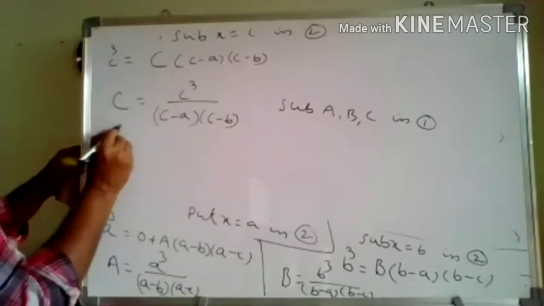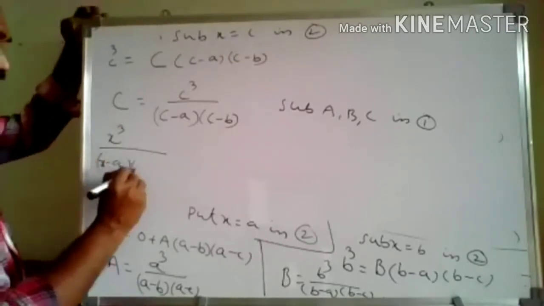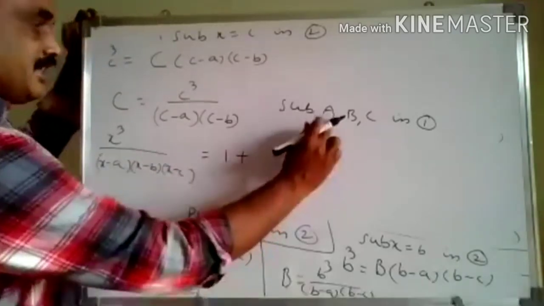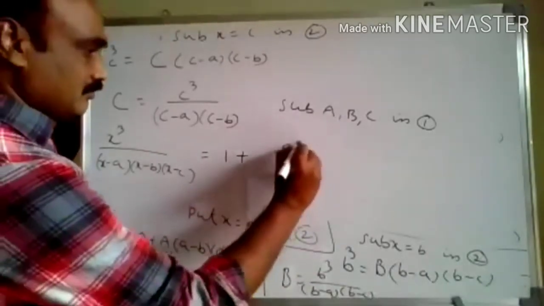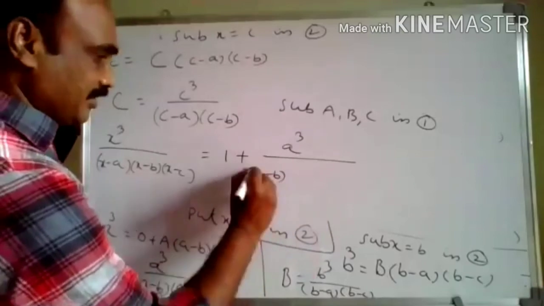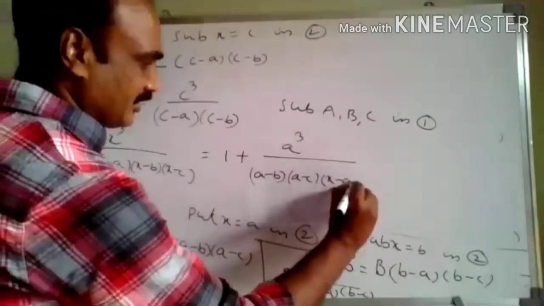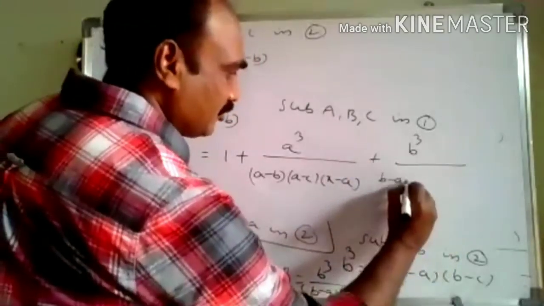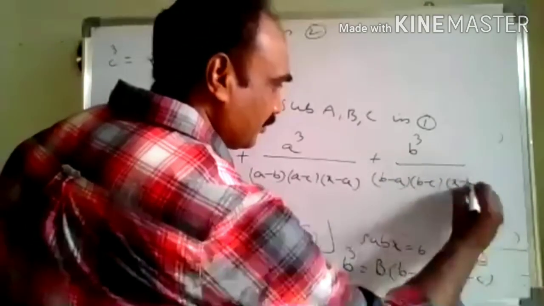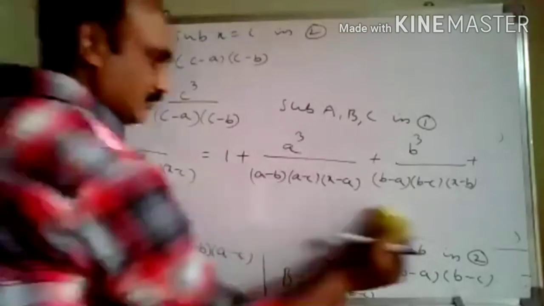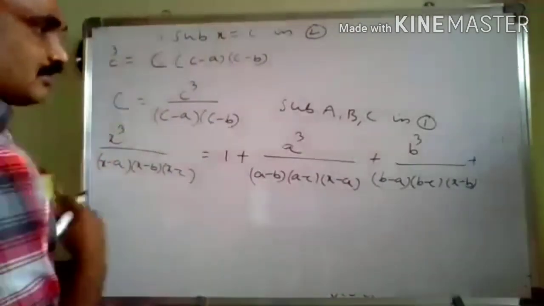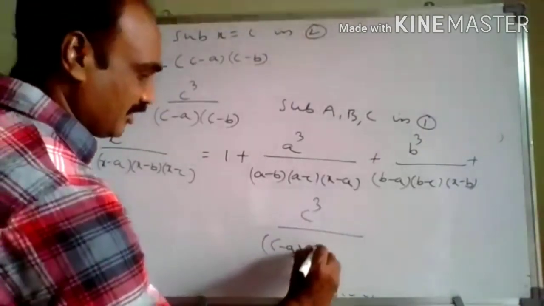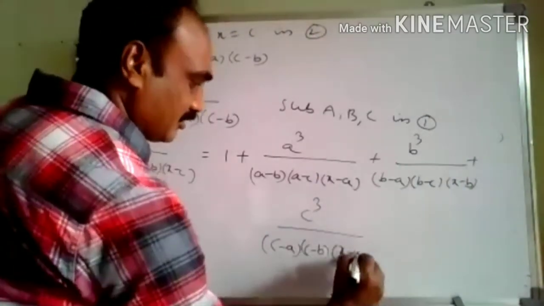So equation number 1: x cube by (x minus a) into (x minus b) into (x minus c) is equal to 1 plus A by (x minus a), where A is equal to a cube by (a minus b) into (a minus c), plus B by (x minus b), where B is equal to b cube by (b minus a) into (b minus c), plus C by (x minus c), where C is equal to c cube by (c minus a) into (c minus b). So this is the final answer.